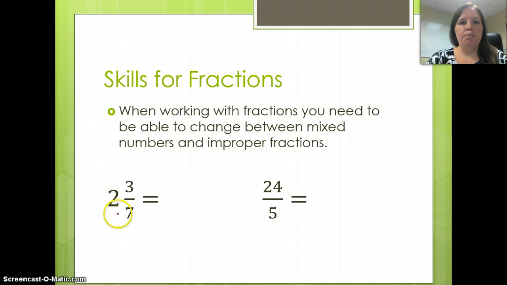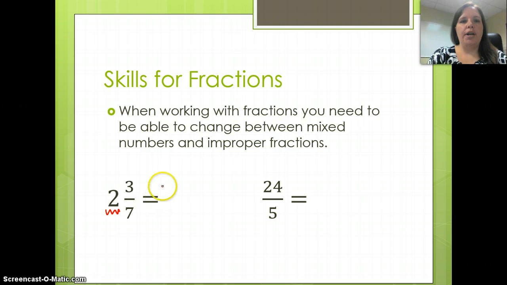So if we look at this mixed number and this improper fraction, changing between the two forms, just as reminders, how do you get this? Sometimes you might want this in an improper fraction. We'll talk about why in a minute. If you remember what this means, this means 2 and then 3 out of 7.